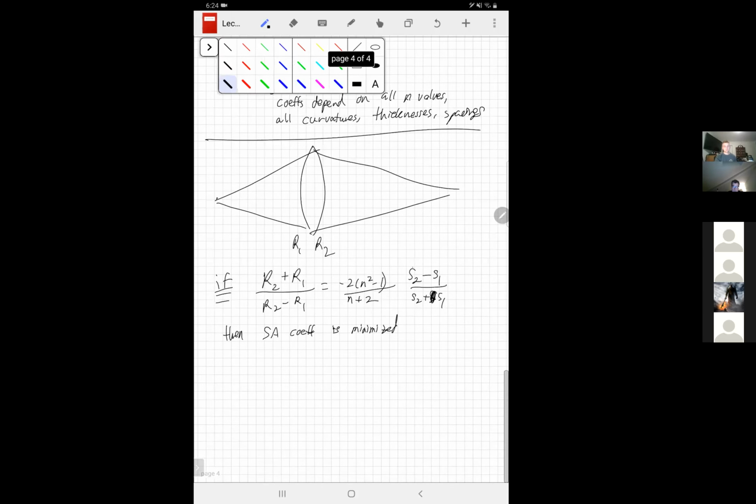Well, why should we care about that, or what can we think from that? Well, let's start talking about a few different cases. Let's say that R2 equals negative R1. This thing on the left is called a shape factor.